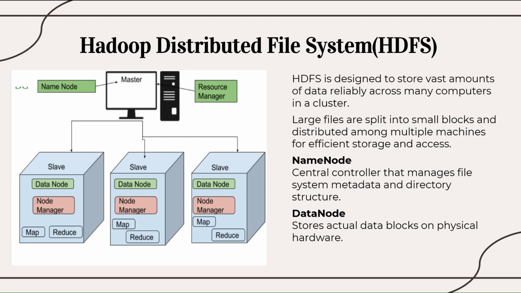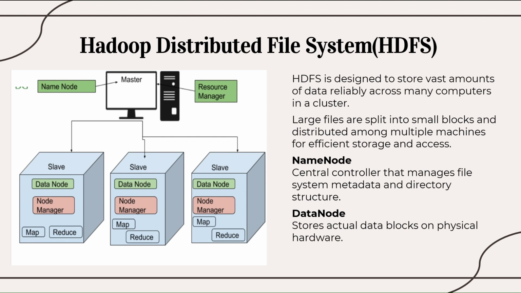It has basically two major components: the NameNode that centrally manages the file system metadata and directory structure. And secondly, the DataNode, where the actual data blocks are stored on physical hardware. Each block is replicated across different nodes to ensure fault tolerance, meaning if one node fails, your data still remains safe and accessible.